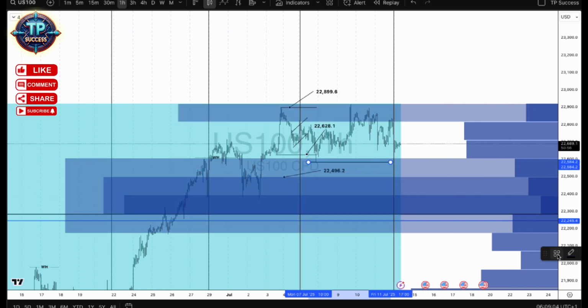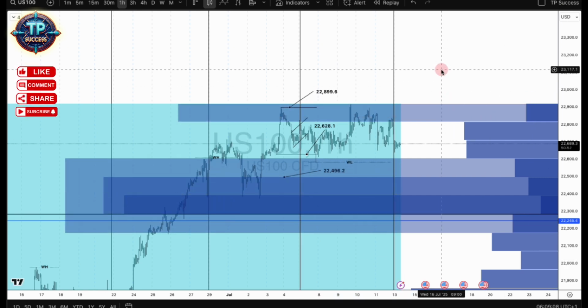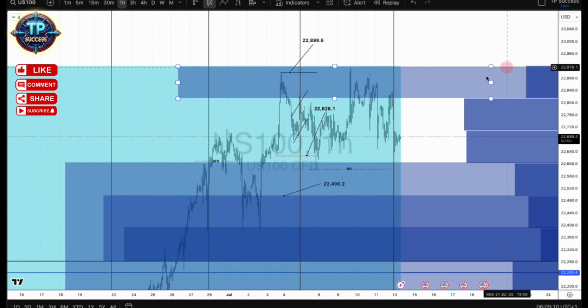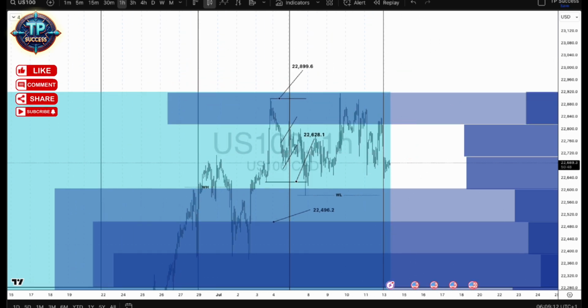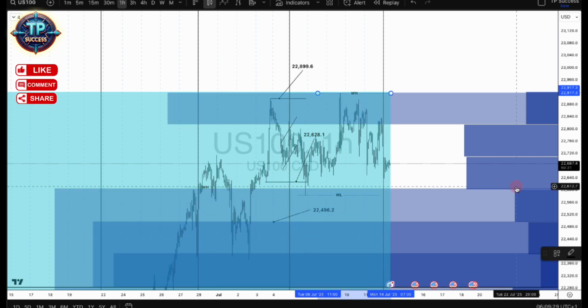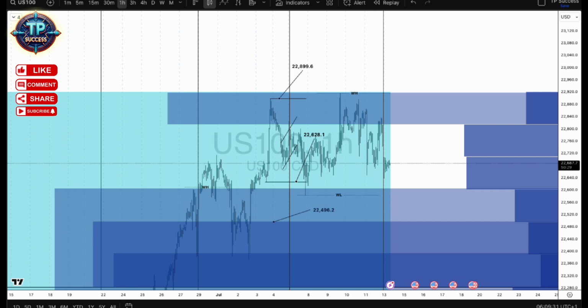So we're going to assign a label to that: weekly low, great. And then we have the weekly high, which is up here. Neither of these levels have been taken out as of yet.